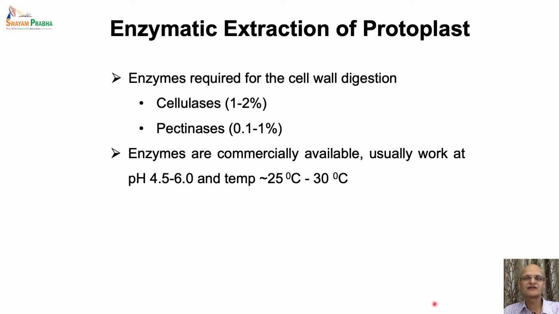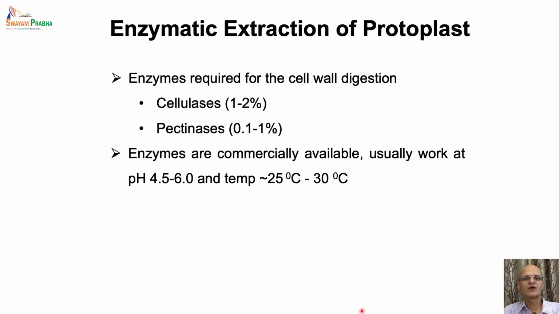Usually, most of these enzymes work in the pH range of 4.5 to 6 and the temperature range of about 25 to 30 degrees Celsius. Even plant-specific cell wall digesting enzyme cocktails are also available for a few plants. These cocktails have been optimized for the best result in these plant species.